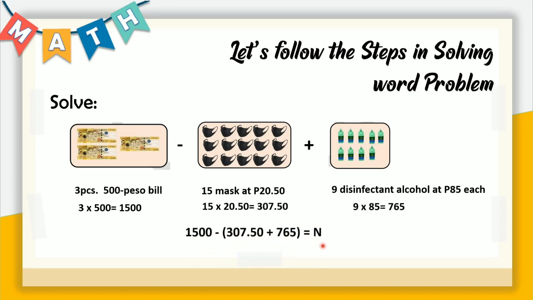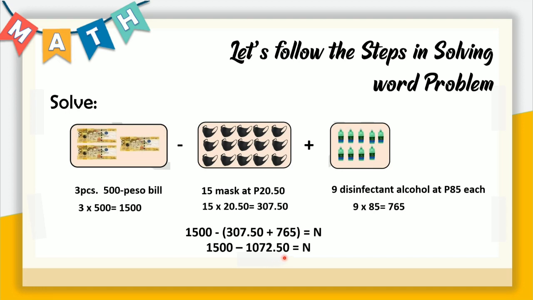Now let's use this mathematical sentence. Perform the operations inside the parentheses. 307.50 plus 765 is equal to 1,072.50.